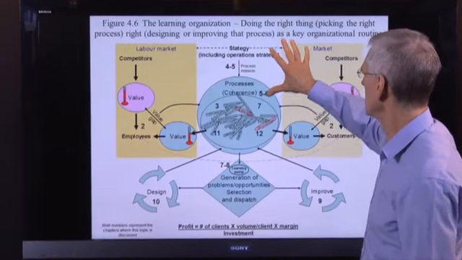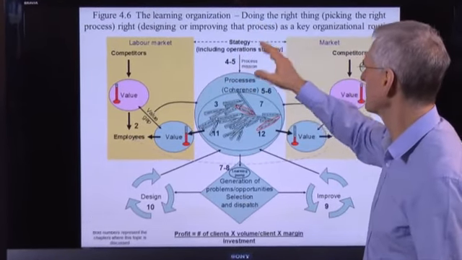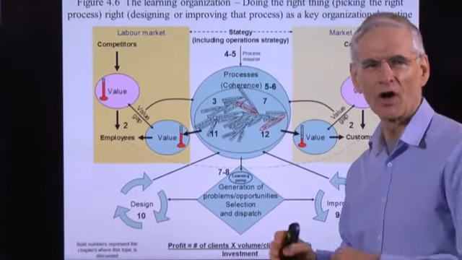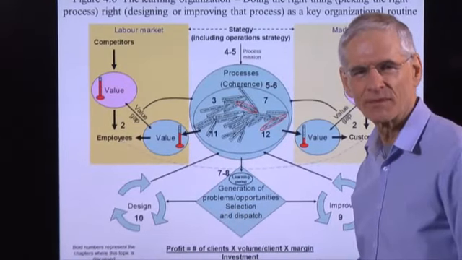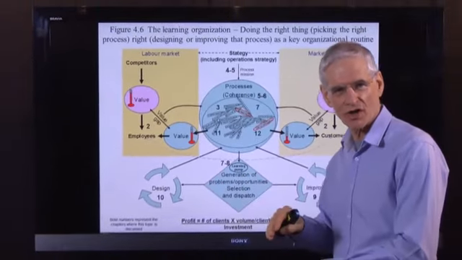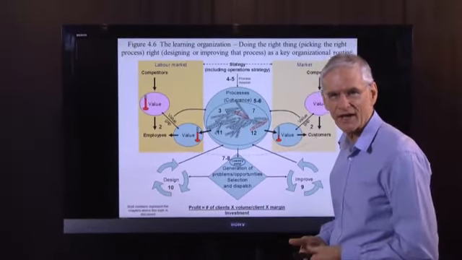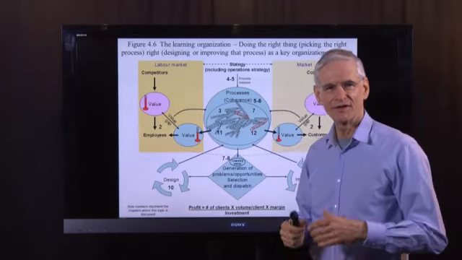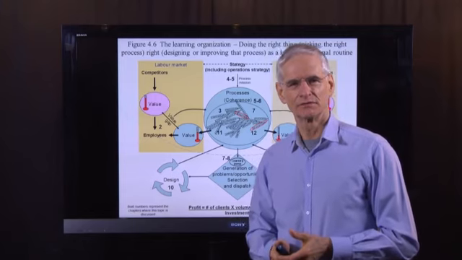Strategy. The overall game plan, the overall umbrella orientation within which all our tactics take place, within which operation strategy, marketing strategy, HR strategy deploys and are implemented. Processes are the set of action that we take.